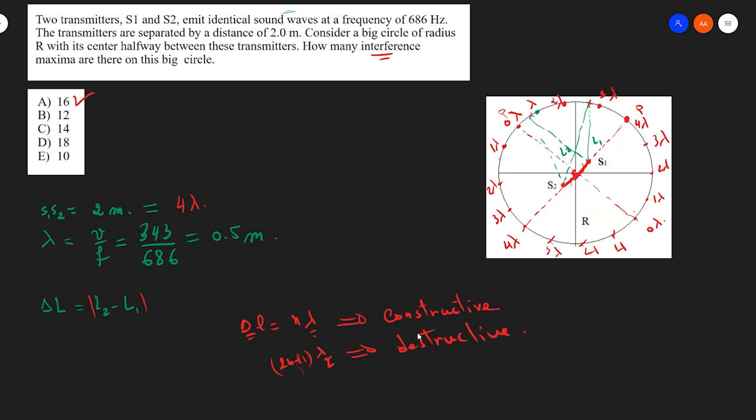Here delta L is equal to n plus 1, an odd number of half integer, an odd number of lambda over 2. Sorry, lambda over 2.